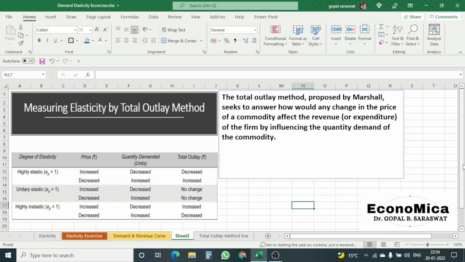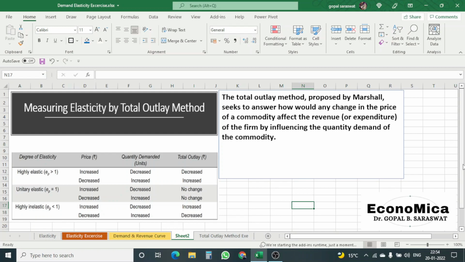Suppose a firm decided, for a highly elastic product, to increase its price. What will happen to its quantity demand? We are aware of the law of demand: when you increase price, the quantity demand goes down, and vice versa.